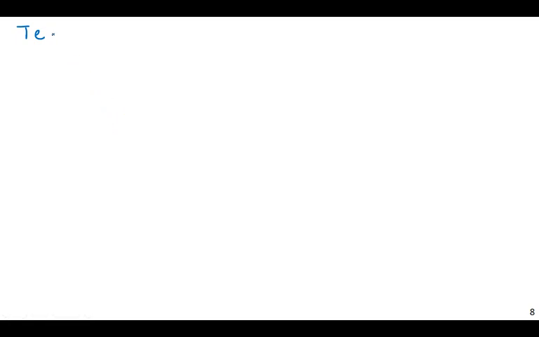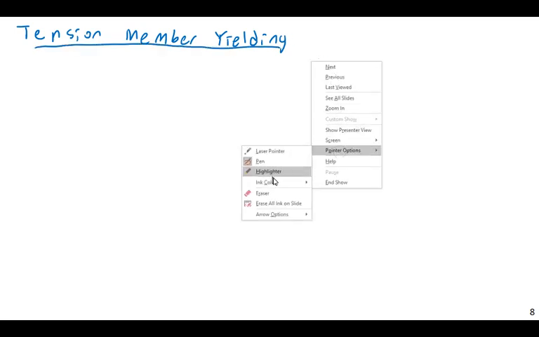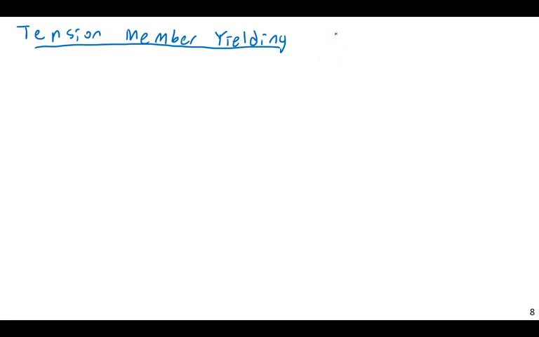Okay. But anyway, tension member yielding. I'm going to put a big old box here to emphasize that this is a tension failure, just for emphasis.